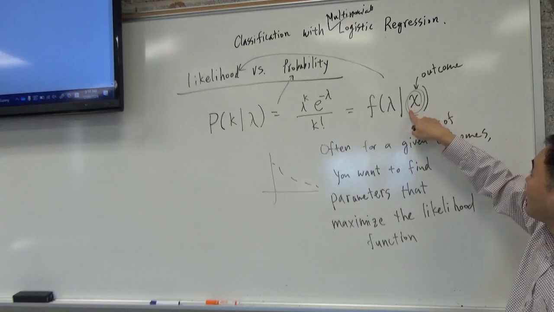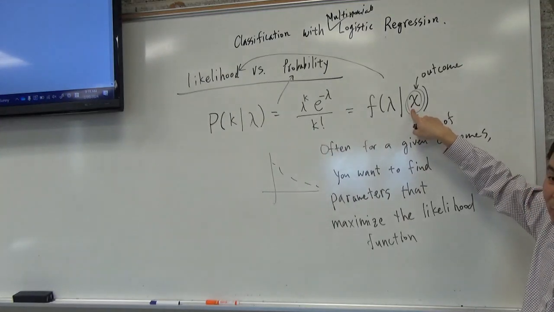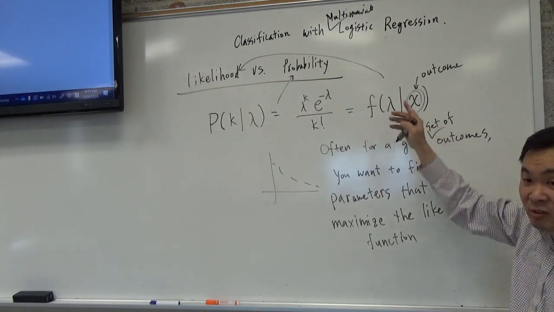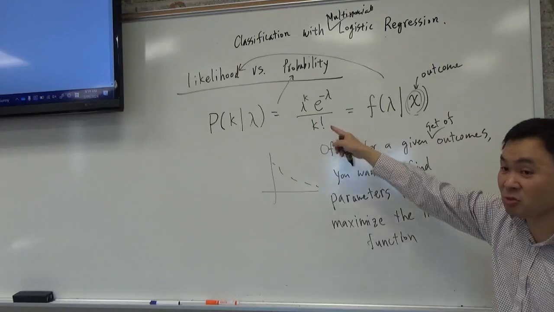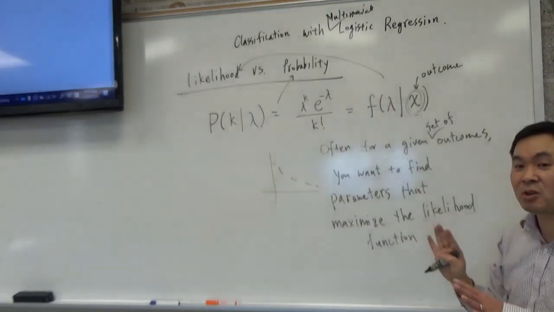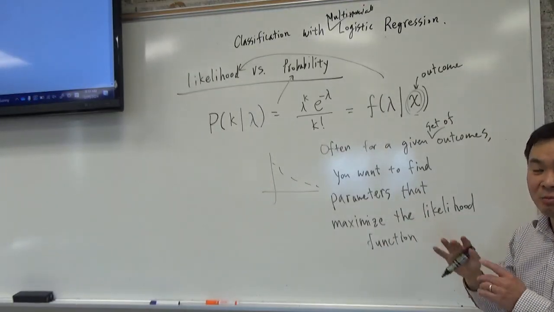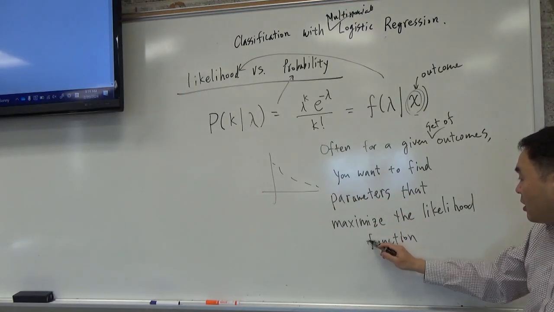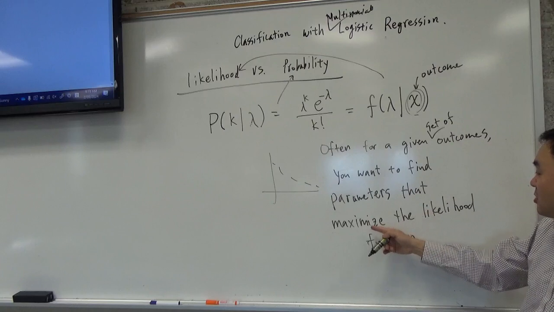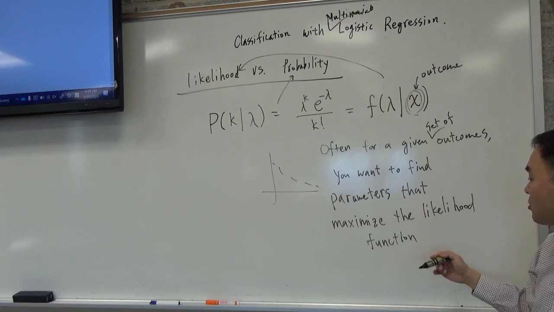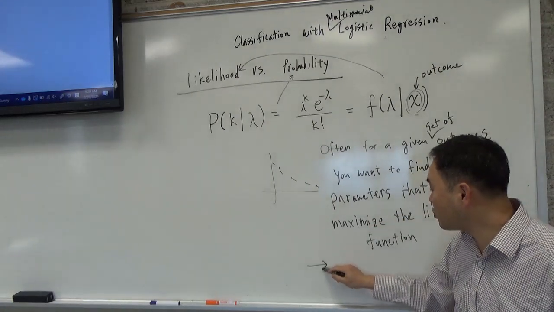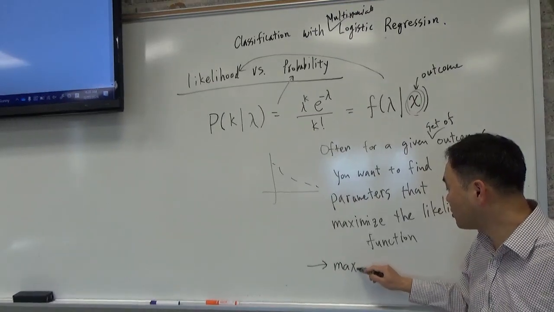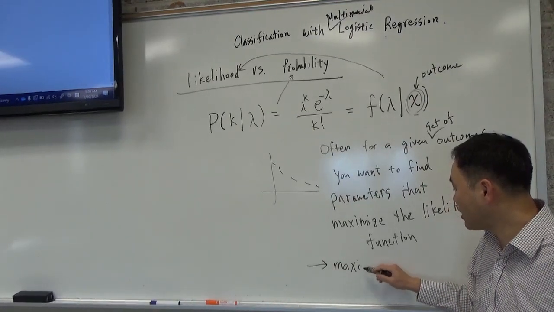See, this outcome or set of outcomes is a fixed value, and you want to vary lambda and look at this, and you want to know which was the most likely scenario that happened. So you want to maximize the likelihood function, and that is called the maximum likelihood estimate.